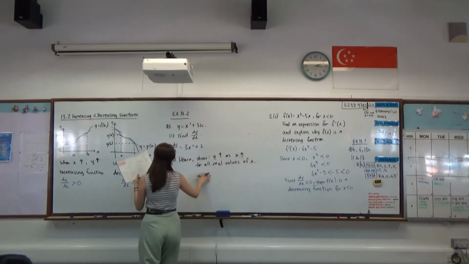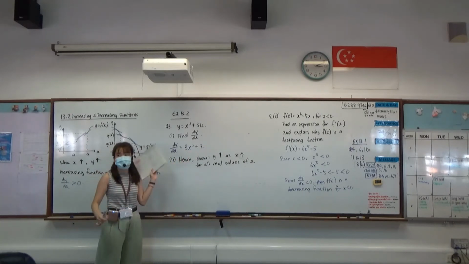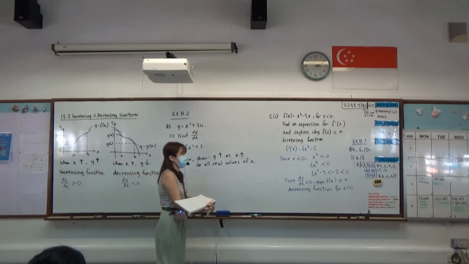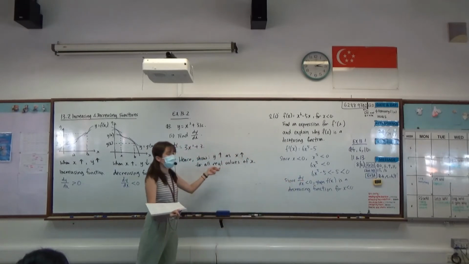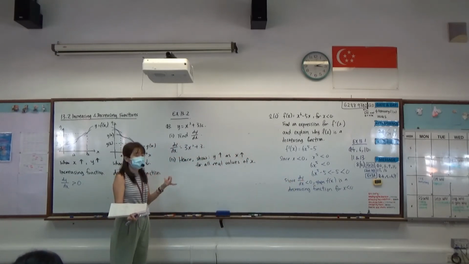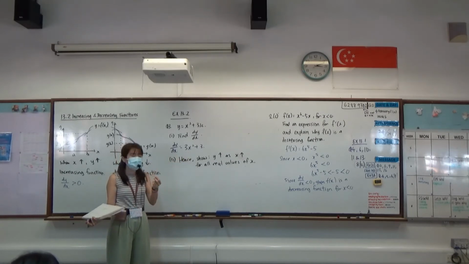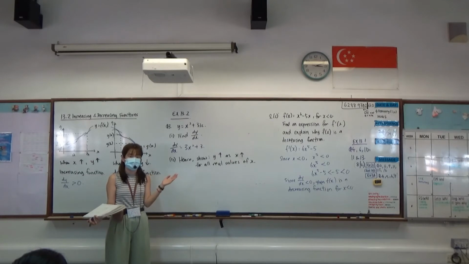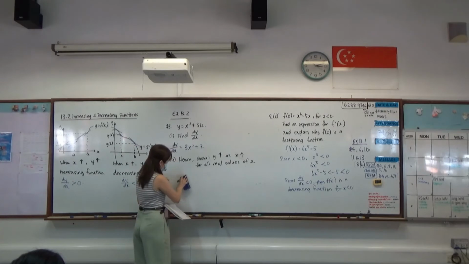In order to prove that, looking at our dy over dx equals 3x squared plus 3, the question did not actually give you a head start in terms of the inequality, unlike our previous question. They are just asking you about all real values of x. So how do we go about starting? We see that we have our x squared over here, that is the variable. And x squared will always be more than or equal to 0 for all real values of x. Regardless of what x is, x squared will always be more than or equal to 0.